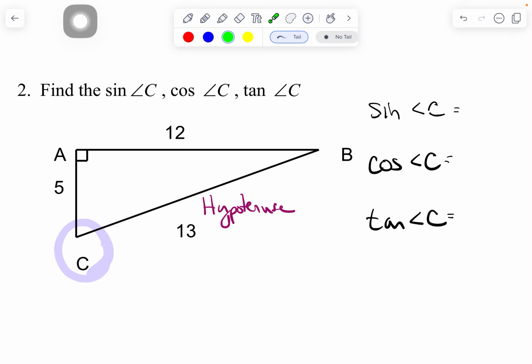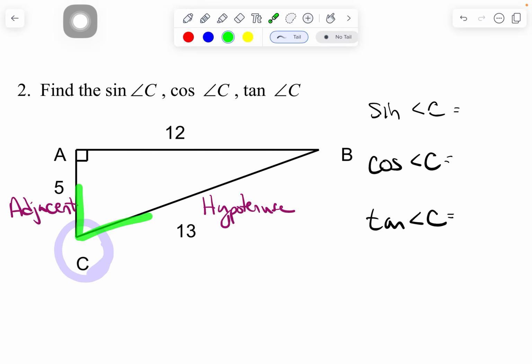The second one I tend to label is the adjacent side. So this angle C right here is made up of 2 sides of the triangle. It's made up of the hypotenuse, and the other side is the adjacent side. Oftentimes we'll abbreviate that as either ADJ for adjacent or just A. And that leaves the third side.